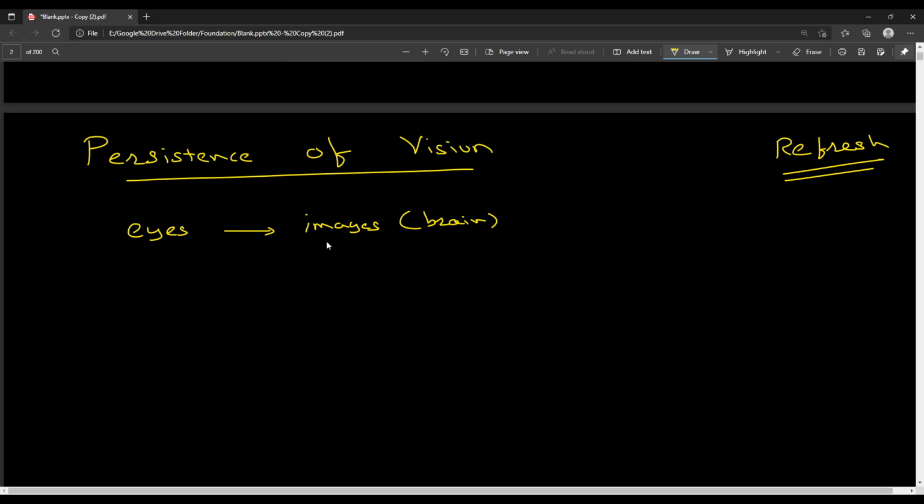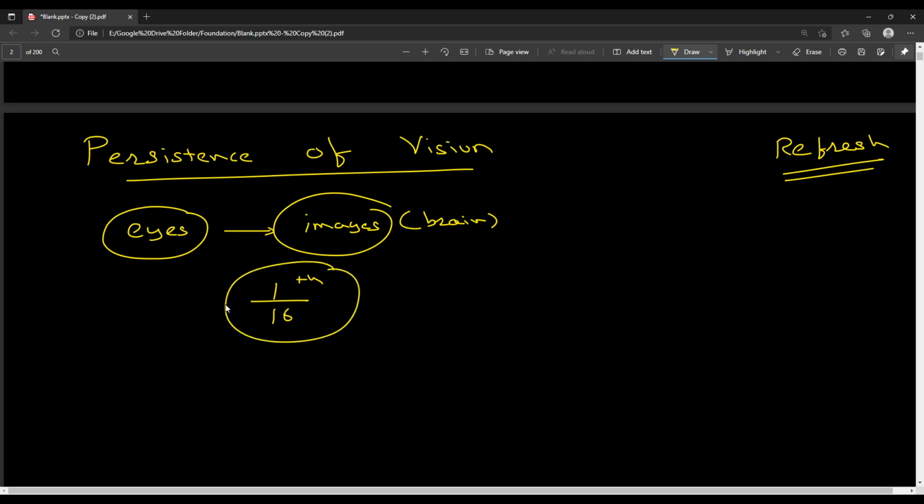So technically, there is a refreshment rate. That means the image will remain in your brain for a certain time. And how much is that time? The impression of the image stays in the brain for about 1/16th of a second. This is called persistence of vision.